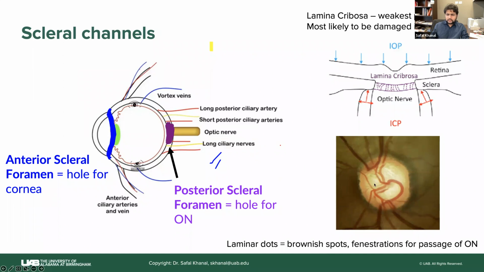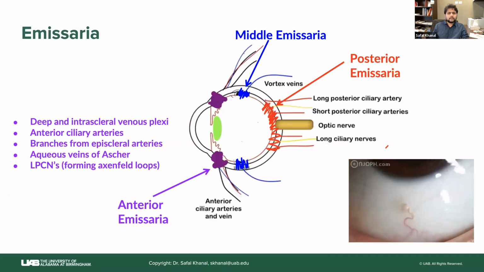And if you look at this picture in the lower right, here are those brownish spots inside the optic disc. These are fenestrations or holes for the passage of the optic nerve axons. There are also several canals or emissaria for passage of different structures.